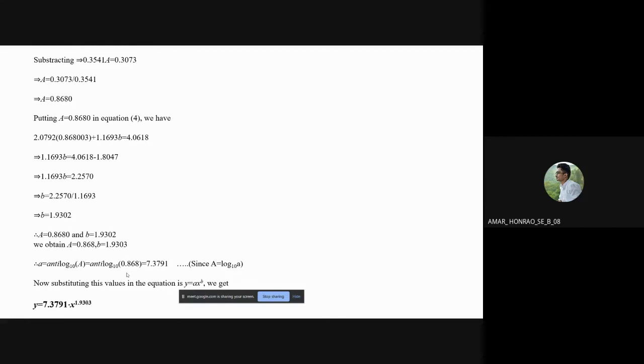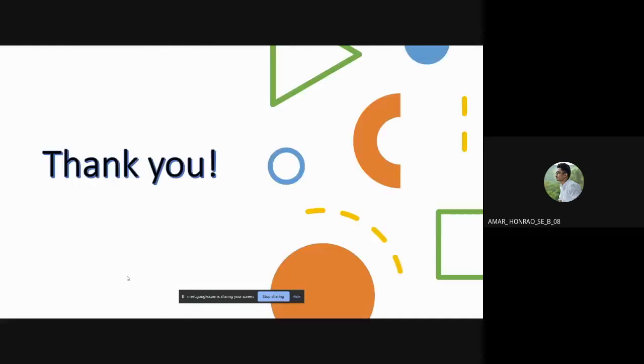Finally, we get the two values, A equals 0.8680 and b equals 1.9302. Since we know that capital A equals log a, by taking the antilog, we get the value of a, that is 7.3791. Now substituting this value in the equation, we get y equals 7.3791 into x raised to 1.9303. This is the expression of our exponential curve.